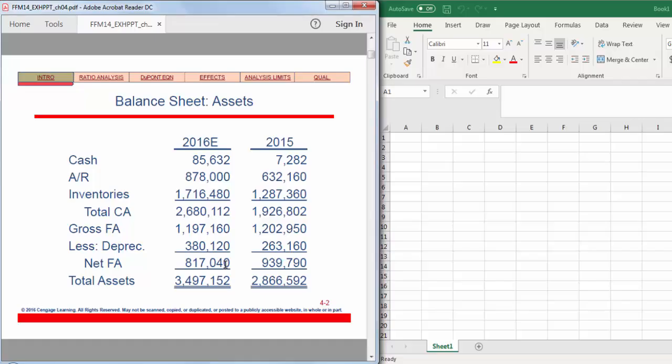That is a combined number for the total current asset plus gross fixed asset less depreciation.